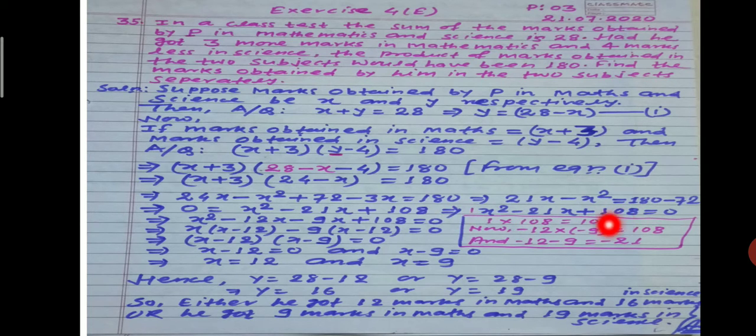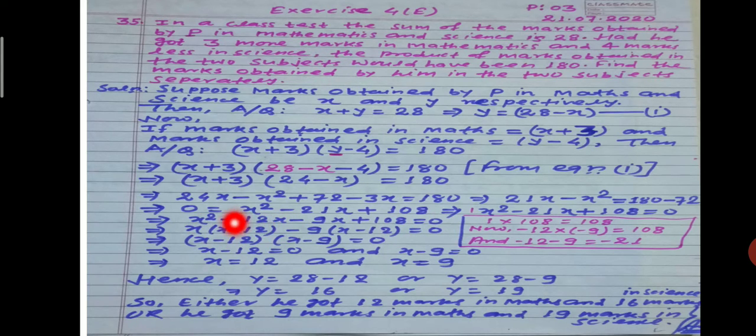When 1 is multiplied by 108 it will be 108, and minus 12 multiplied by minus 9 is also equal to 108, and minus 12 minus 9 is equal to minus 21, which is equal to the coefficient of x here. So this can be factorized as x square minus 12x minus 9x plus 108 is equal to 0.